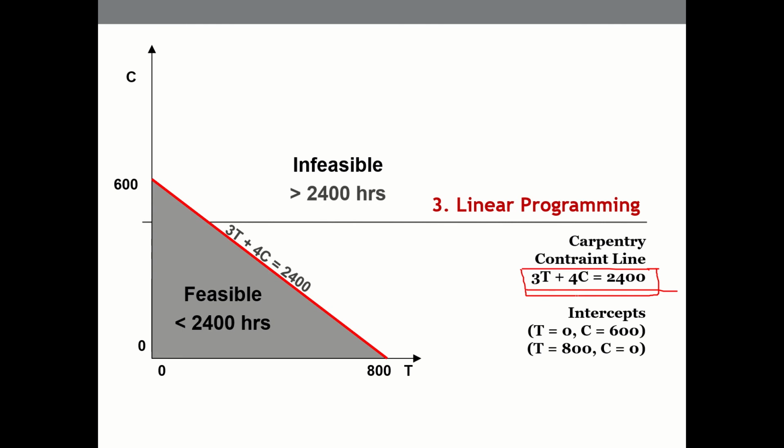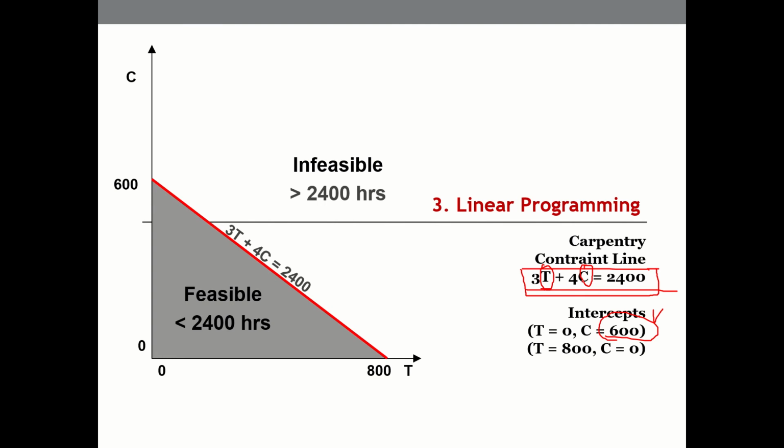We assume 0 for one of the elements and then arrive at the other, or we put 0 in the place of chairs and then arrive at the value for T. These are called intercepts, right? So when T becomes 0, C is how much? 2,400 divided by 4, we get 600.